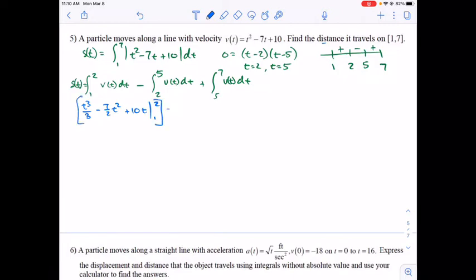And then we're going to subtract t cubed over 3 minus 7 halves t squared plus 10t, and we're going to evaluate this from 2 to 5. And then we have our last one here, which is going to be t cubed over 3 minus 7 halves t squared plus 10t, and we're going to evaluate this one from 5 to 7.